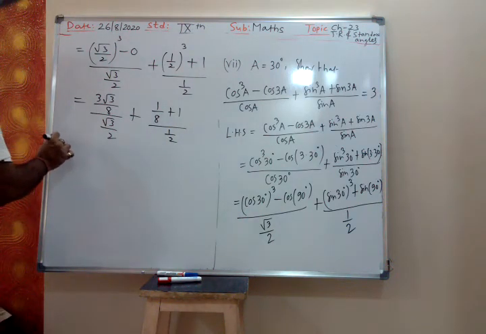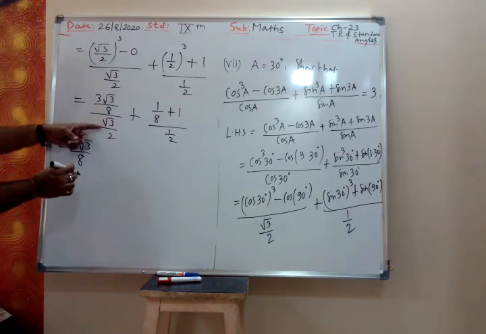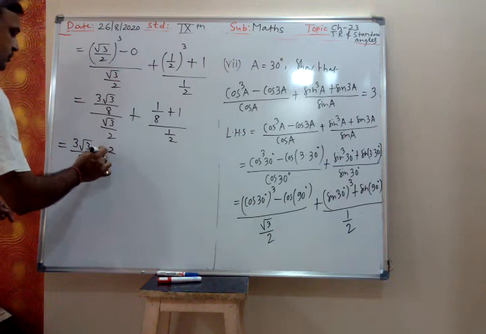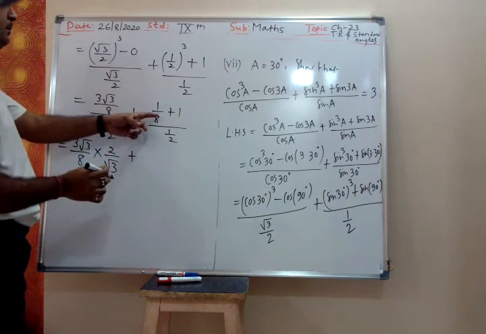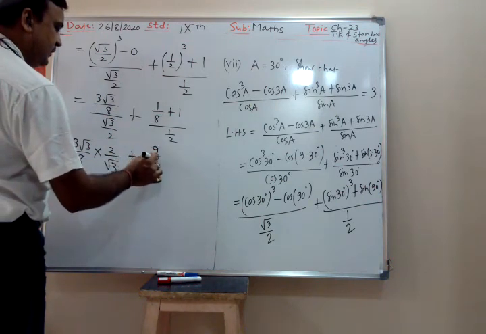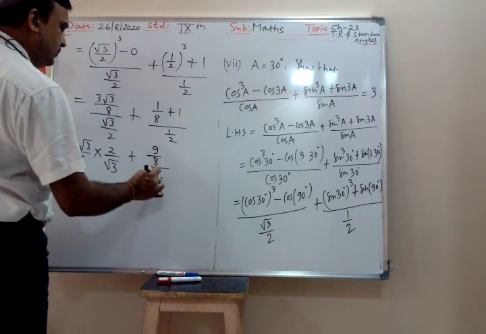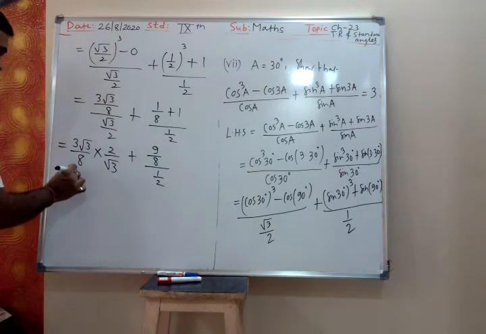Let us simplify. This will be 3 root 3 upon 8 divided by root 3, which is the same as multiplied by 2 upon root 3, plus 1 upon 8 plus 1, cross multiply, 1 plus 8, 9 upon 8, upon 1 by 2. Now root 3 gets cancelled, then 2 4s are 8, that is 3 by 4.